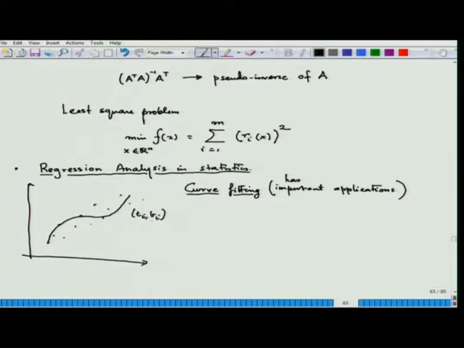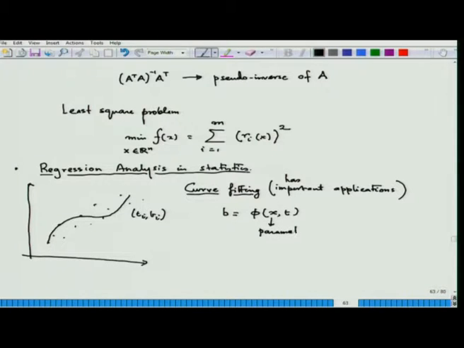Now, suppose I have all these points of the form Ti, Bi, obtained by some experiment, of course some physical experiment or some statistical experiment. So, we want to see how B is related to T, and X here is essentially the parameter.